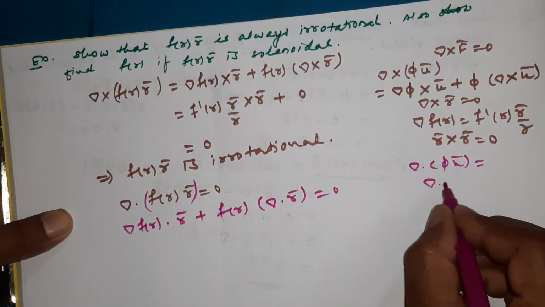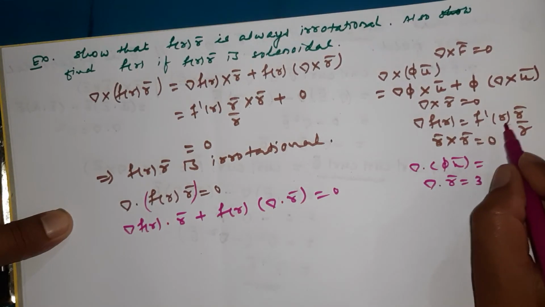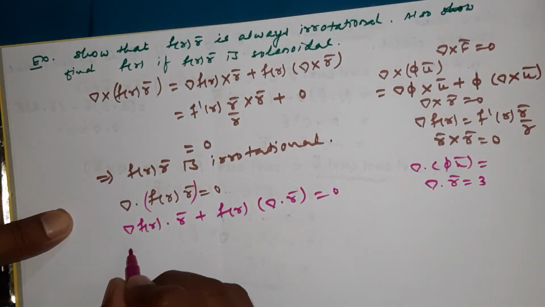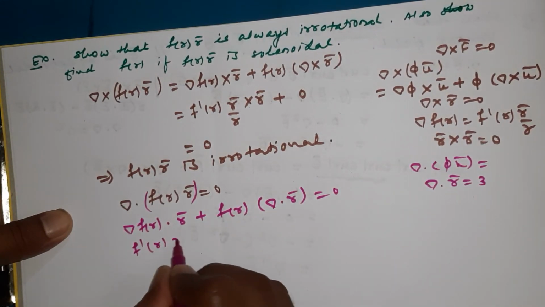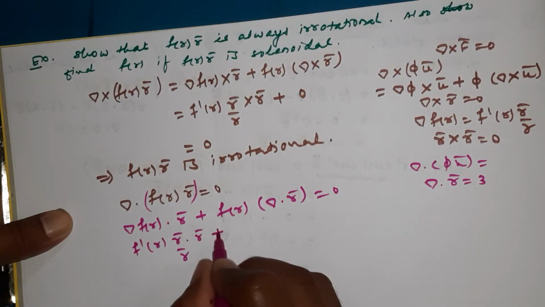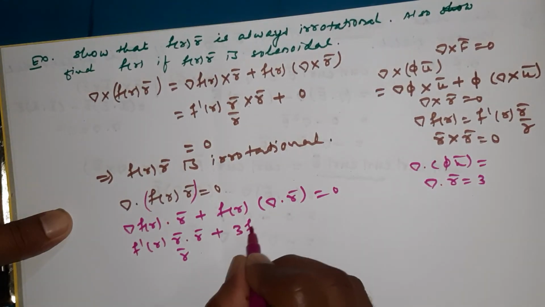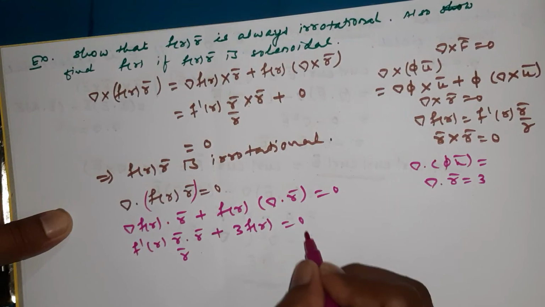Now we know that del dot r bar is 3 and del of f of r is f dash of r into r bar upon r. So here f dash of r into r bar upon r dot r bar plus del dot r bar, which is 3, f of r is equal to 0.